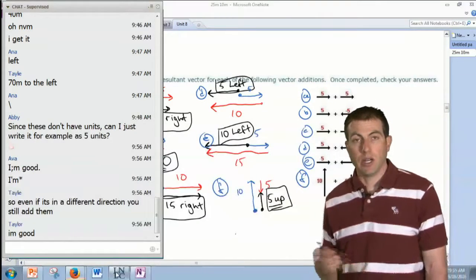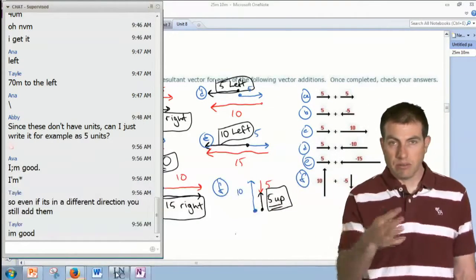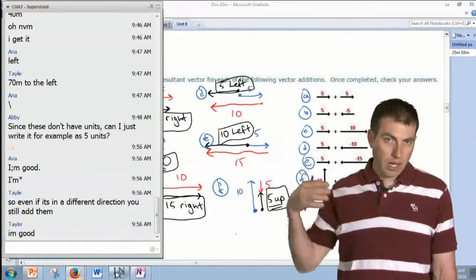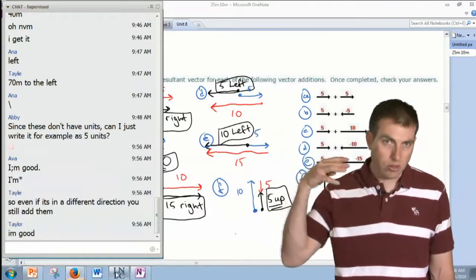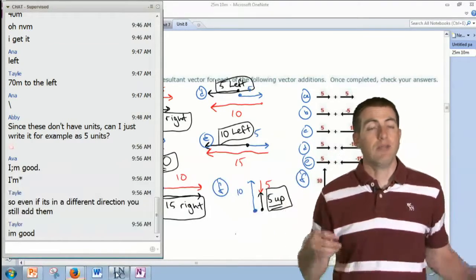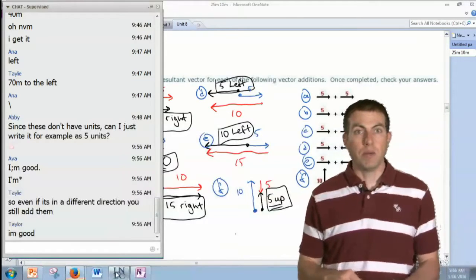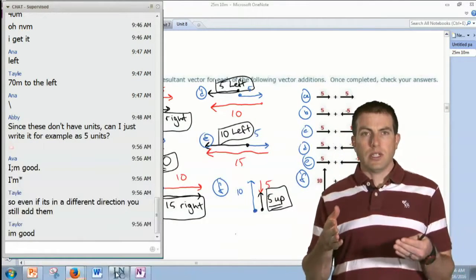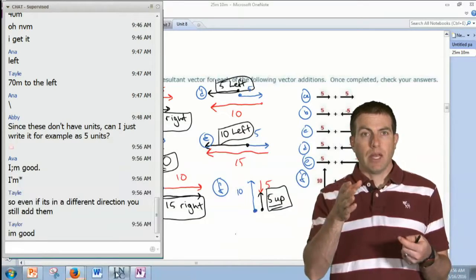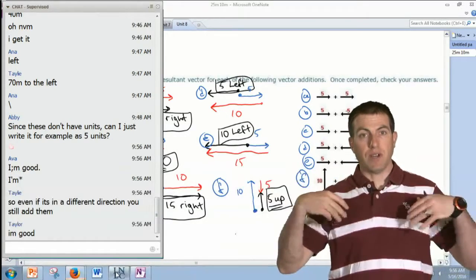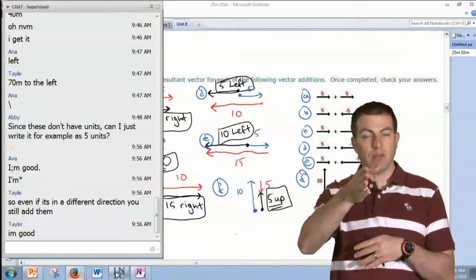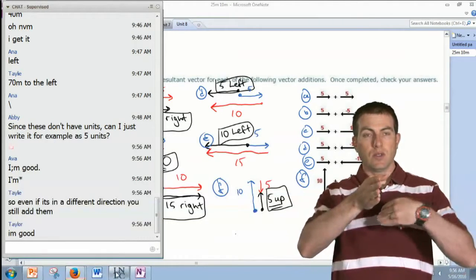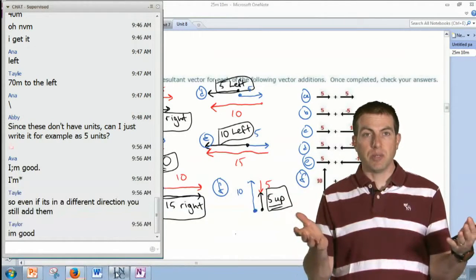Or if you're in a boat going down a river, and the boat's going 5 meters per second, and the river is going at 5 meters per second, how fast forward are you going? Or maybe an even more crazy example, if you're going upstream, and the stream's going past you at 5 meters per second, but your boat's going 5 meters per second, those are going to cancel each other out. You're not going to be really moving anywhere.